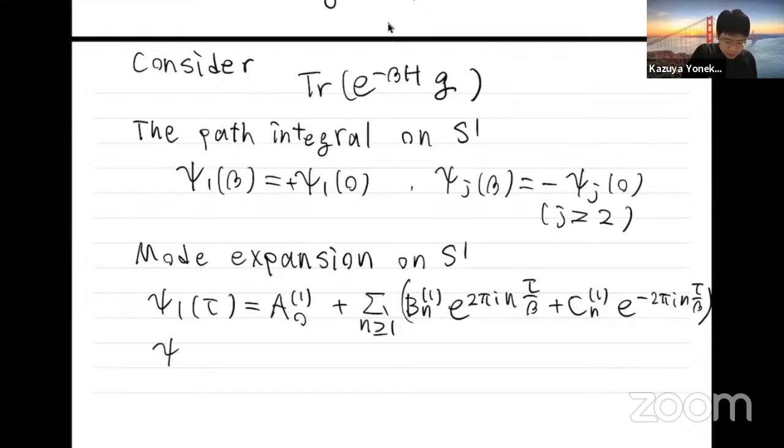And also, I expand the other components. These components with j greater than or equal to 2 satisfy this anti-periodic boundary condition, so they don't have any zero modes. They can be expanded in the following way.